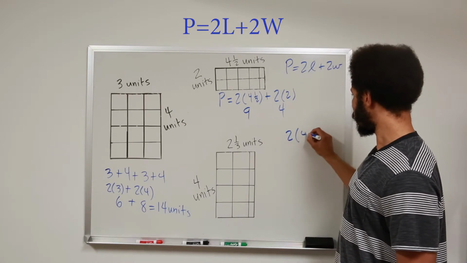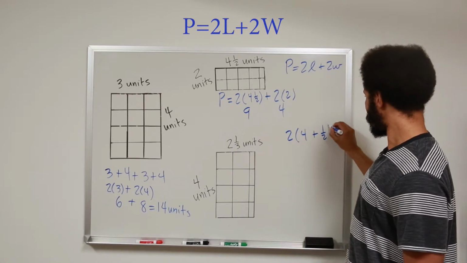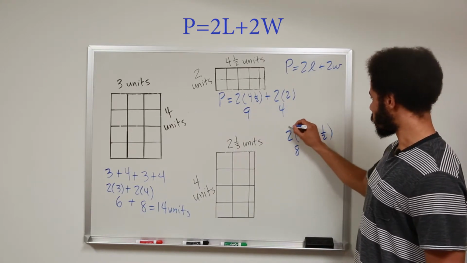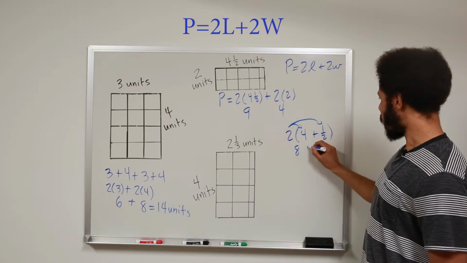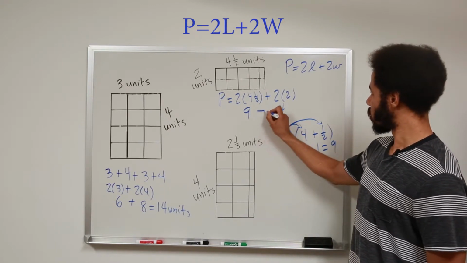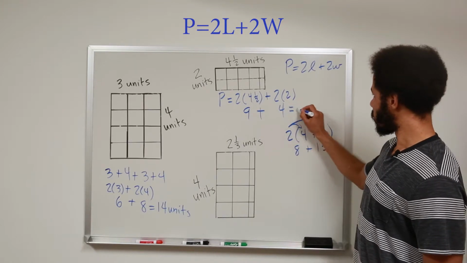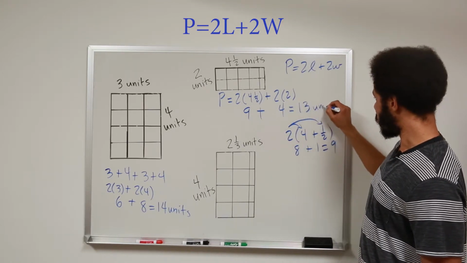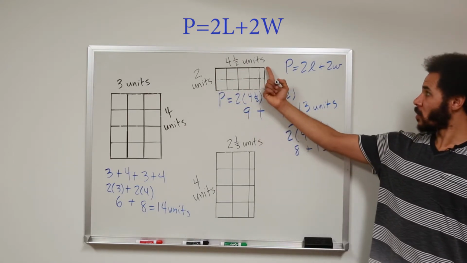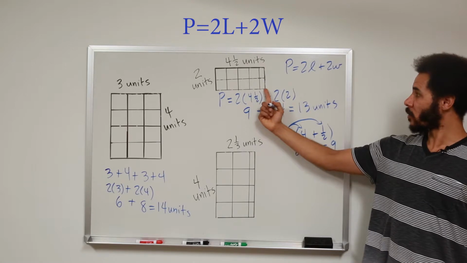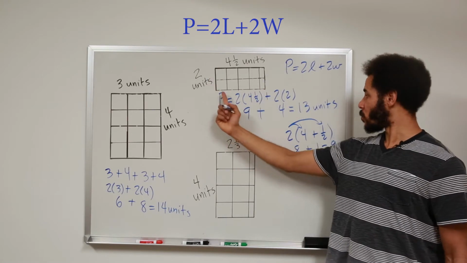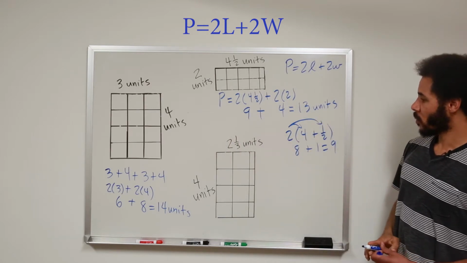Similar thing we did with the distributive property before. 2 times 4 plus 1/2. 2 times 4 is 8. 2 times 1/2 is 1. 8 plus 1 is 9. So our perimeter here is going to be 13 normal one-dimensional units. We can see 4 1/2 here, plus 2 makes 6 1/2, plus 4 1/2 more makes 11, plus 2 more gives us 13.